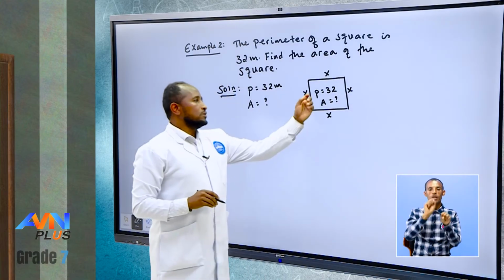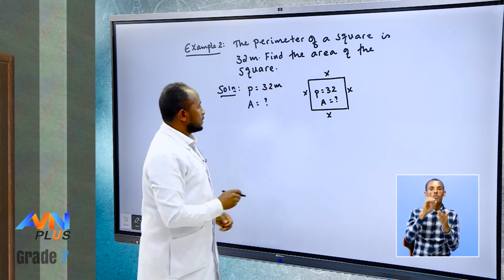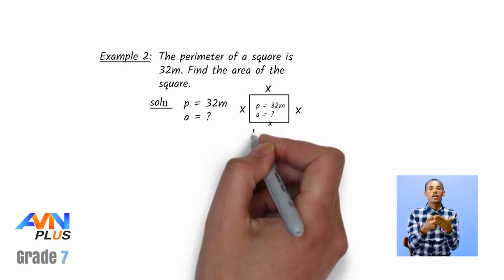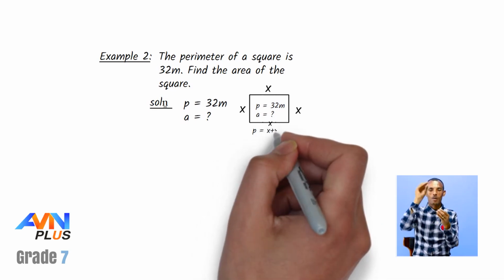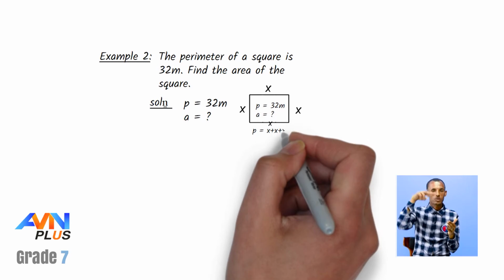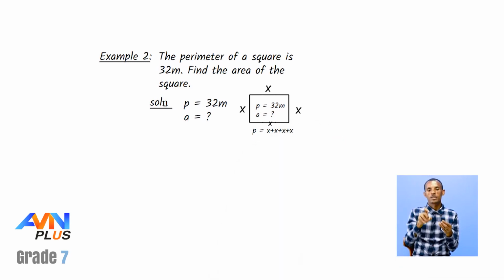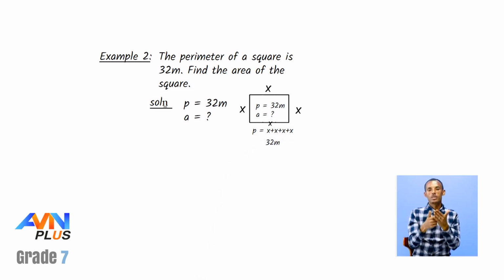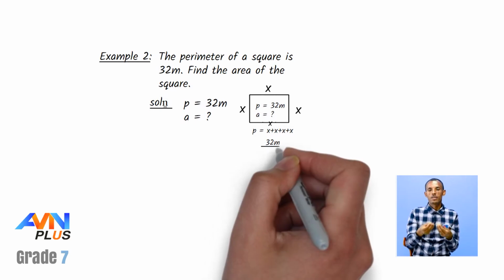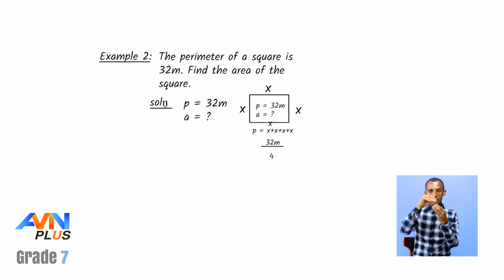So using the perimeter, we can develop an equation. So here, the perimeter will be equal to the sum of all the sides of the square. So x plus x plus x plus x, 1, 2, 3, 4x. Therefore, the perimeter is given, it is 32 meters.